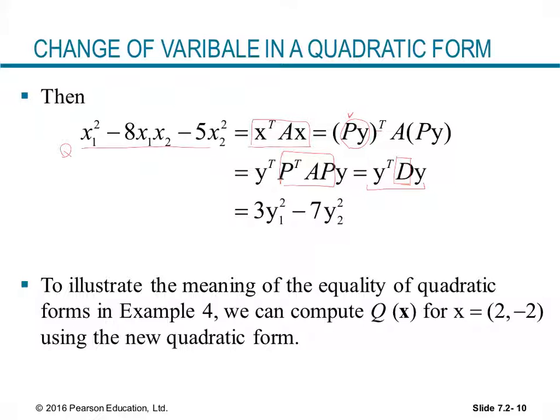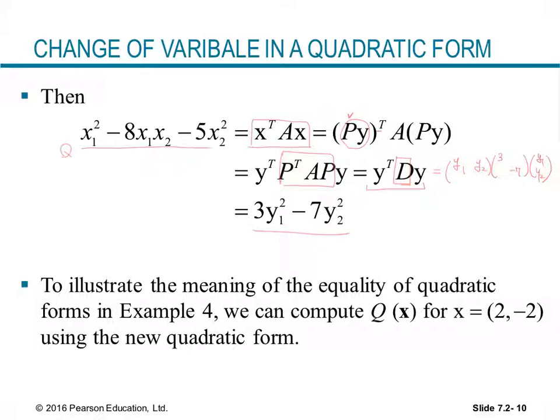In other words, when you directly multiply y1, y2 with the eigenvalue matrix D and the y1, y2 column vector, we get 3y1 squared minus 7y2 squared without a cross product term.